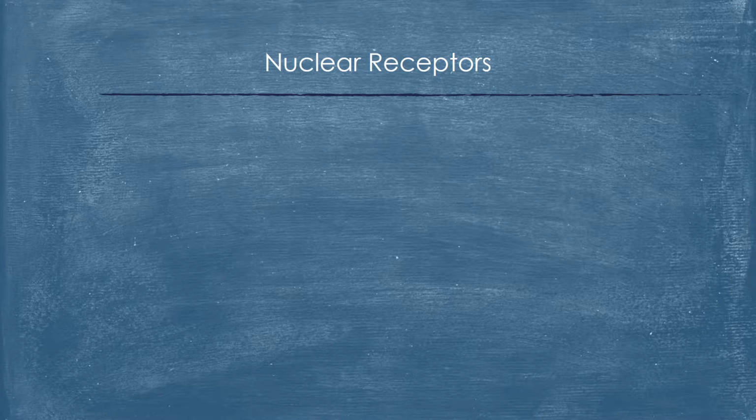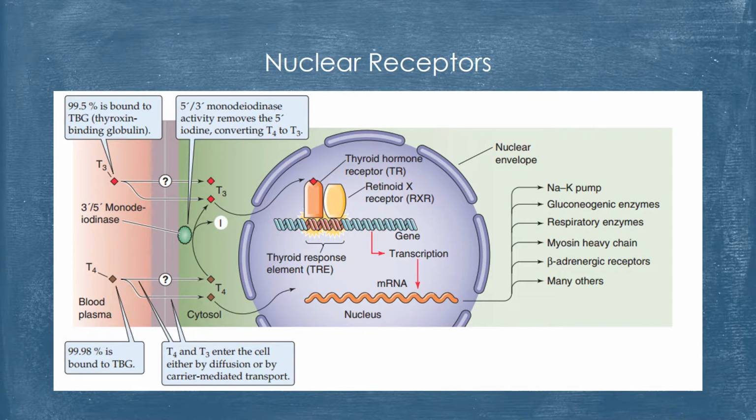Okay, we've said that thyroid hormone works through intracellular receptors and mostly by nuclear receptors. This picture shows us that it works on the nucleic acids.